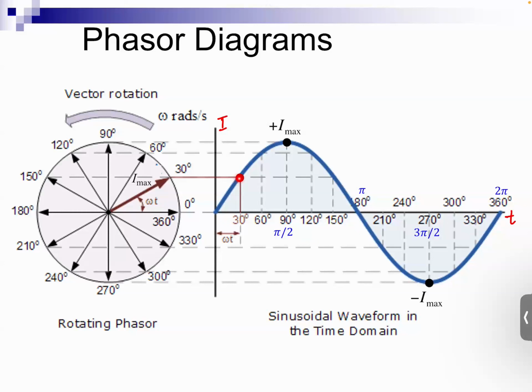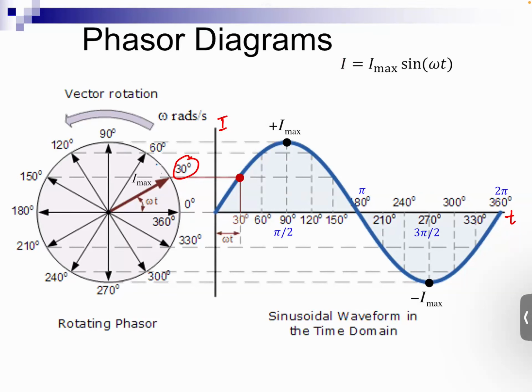You can then project this sinusoidal graph to the circle, to the phasor diagram, and notice that at this point you're at an angle 30 degrees from the origin. That means the phasor vector would have rotated an angle of 30 degrees by the time your current reaches this point here.